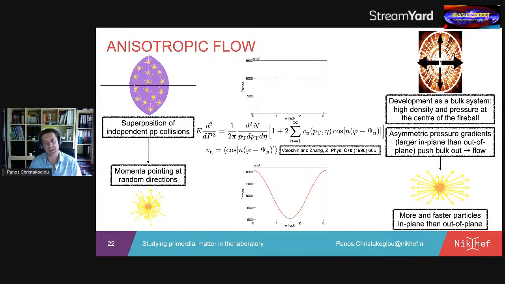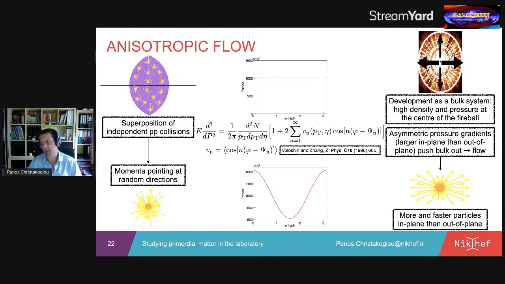So we form asymmetric pressure gradients, larger pressure in plane than out of plane, that push matter outwards, but they push matter outwards also in an anisotropic way. So this is how anisotropic flow develops.